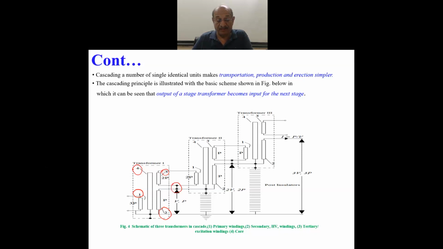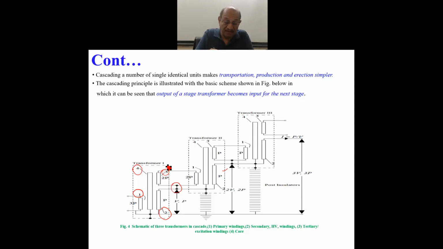And the output of the second stage, or the second unit, if the output of the first unit is V, will be 2V. Because of the transformer container, these dotted lines show the transformer container.